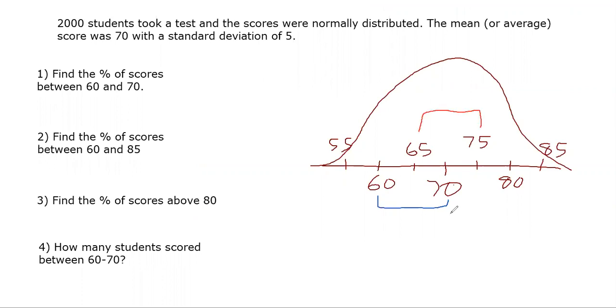Between 65 and 75, I could say that 68% of the data is going to land between those two values. If I were to go one step up from that, from 60 to 80, so say I go 2 standard deviations out, I know that 95% of the data is going to land between those two values.